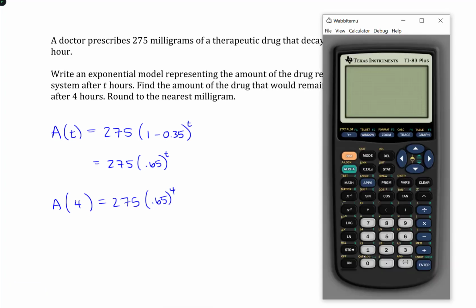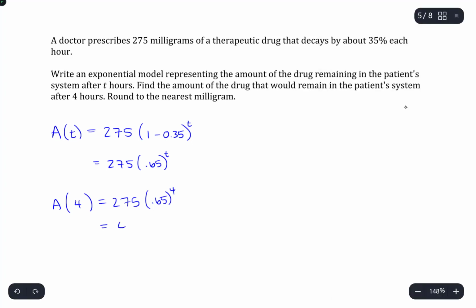And using the calculator, let's see what we come up with. 275 times 0.65 raised to the 4th gives us about 49 milligrams. Yes, it was in milligrams, not grams.